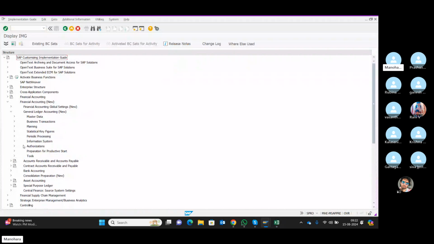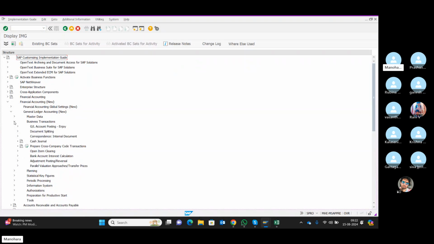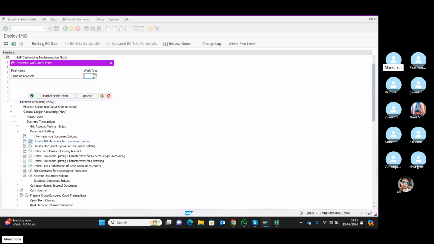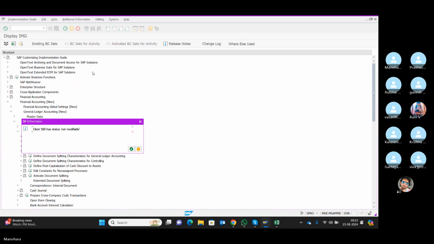Here is the T-code and path for document splitting. First of all, we have to do some configuration. Classify the GL accounts for document splitting. Here we have to classify some transactions. Let me give an example.